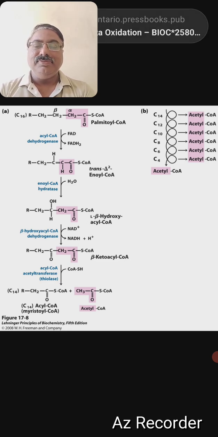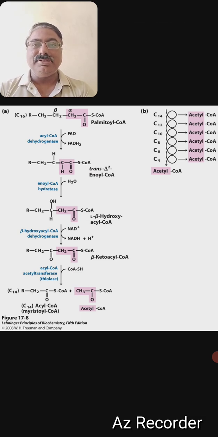The molecule which is formed is trans delta 2 enoyl CoA. Now there are 2 geometric conformations of fatty acids which are possible. Generally, in naturally occurring fatty acids you will get the cis conformation, but only in the degradation process you get a trans conformation. In the cis geometric conformation, larger groups are present on the same side of the double bond, and smaller groups are present on the same side.